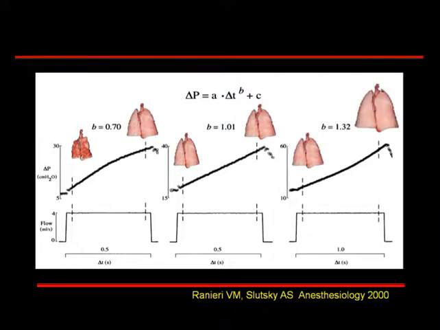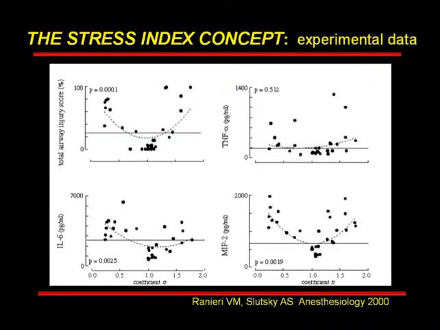On the other hand, if I have a decrease in compliance during tidal inflation, it means that I have overdistension going from the beginning of inspiration till the end of inspiration. And we randomized isolated lungs to be ventilated for 3 hours with these different shapes of the pressure time curve.